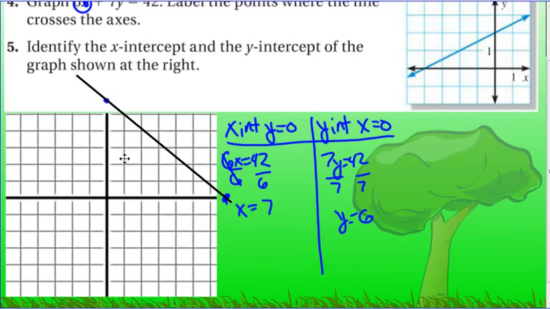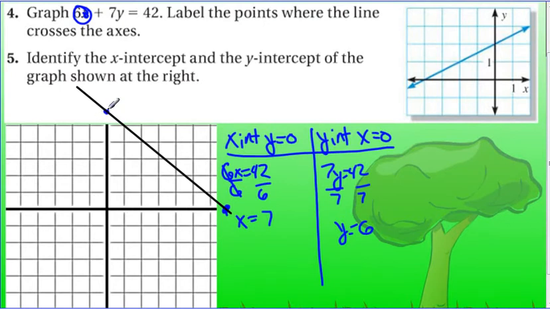This is what this line would look like. It crosses the x-axis at 7, the y-axis at 6. And what did it say? Label the points where the line crosses the axis. So y-intercept, x-intercept. Groovy. Number 5, identify the x and y-intercept in the graph shown.